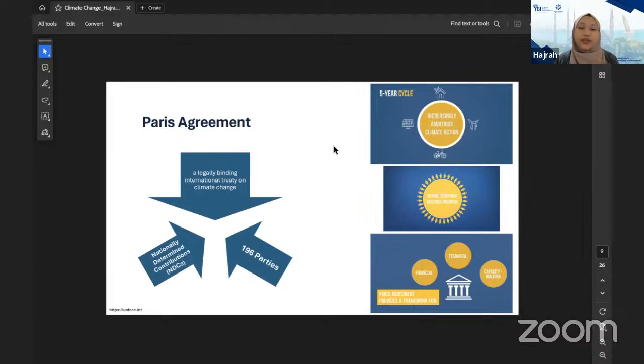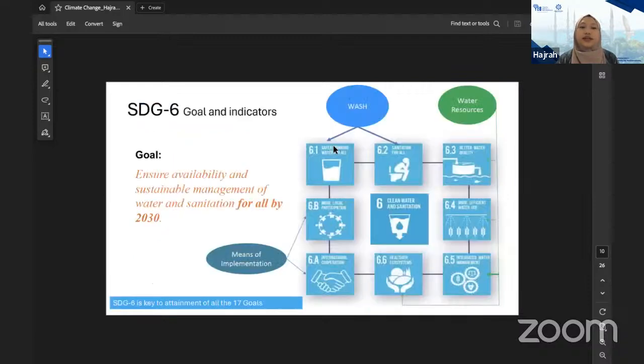One country itself, especially a developing country, really needs support from a developed country in order to do this climate agenda.